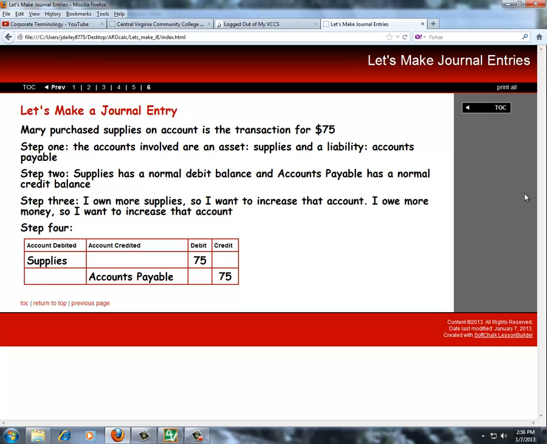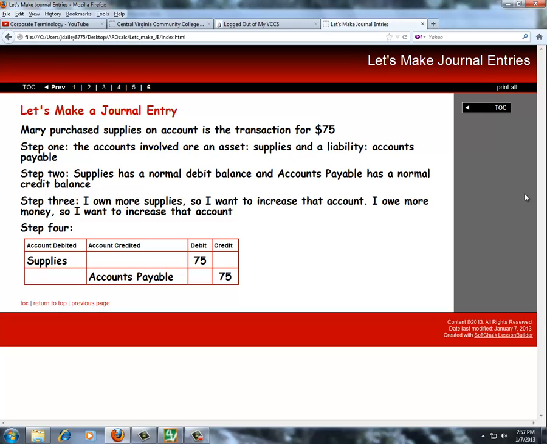And so here is an example of a journal where I could actually put the amounts in. The first column deals with the account that's debited, the second one with the account that you're going to credit, and then the third and fourth deal with the amount debited and credited. Notice that the debits and credits always have to be equal for each transaction that you record.